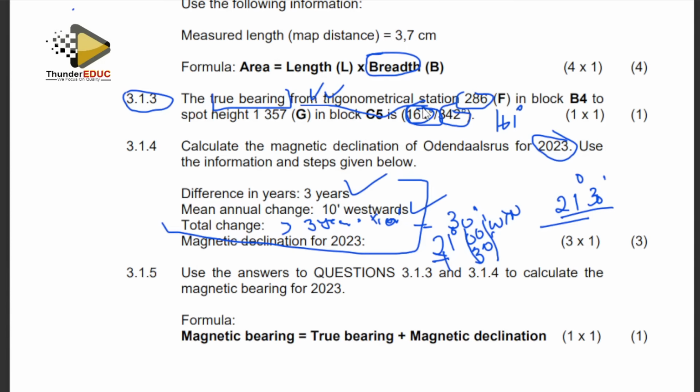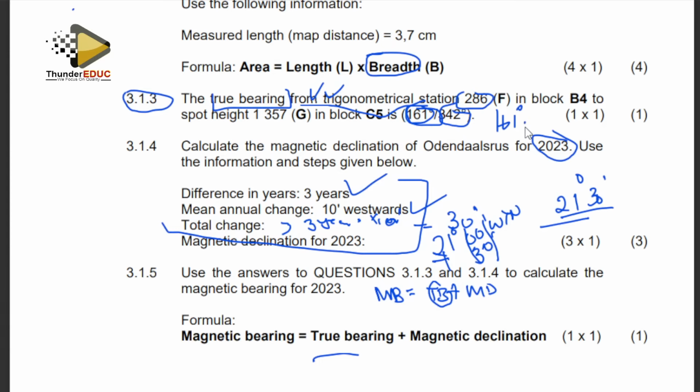Okay? And then the next question says, use the answer in 3.1 and 1.4 to calculate the magnetic bearing for 2023. So that means they want us to calculate the MB. The formula is down here, which is the TB plus the MD. What is TB?